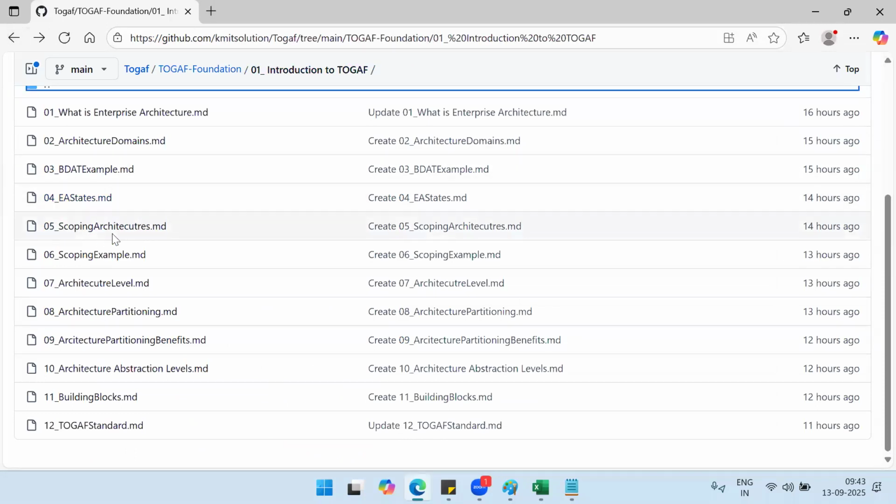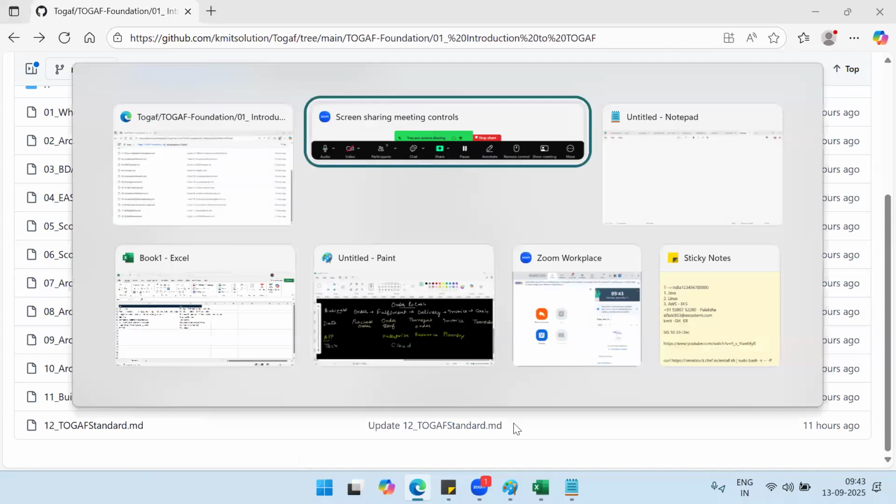Next one is state. Now, scoping the architecture that we have discussed, sorry, architecture levels. Let us talk about that.